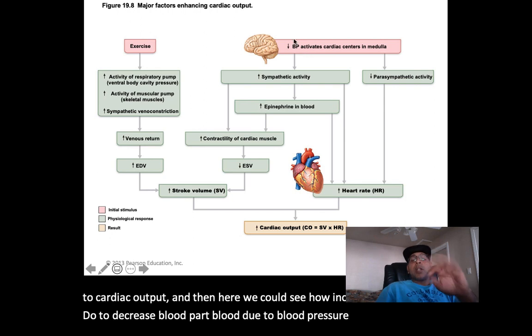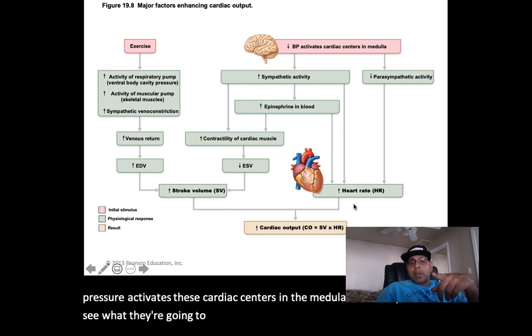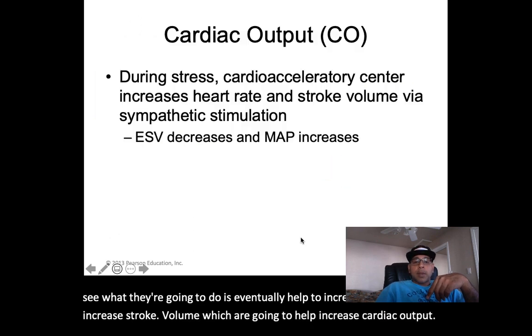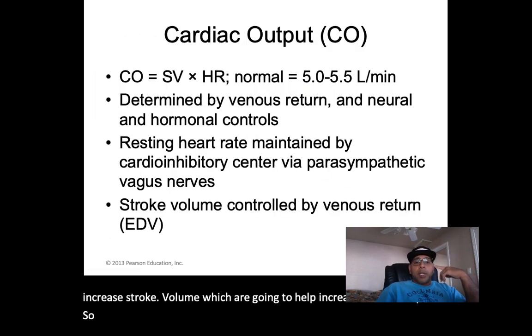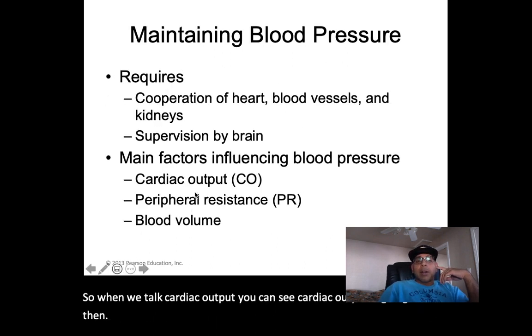Decreased blood pressure activates these cardiac centers in the medulla. And what they're going to do is eventually help to increase heart rate and increase stroke volume, which are going to help increase cardiac output. So cardiac output is one of our main factors influencing blood pressure.